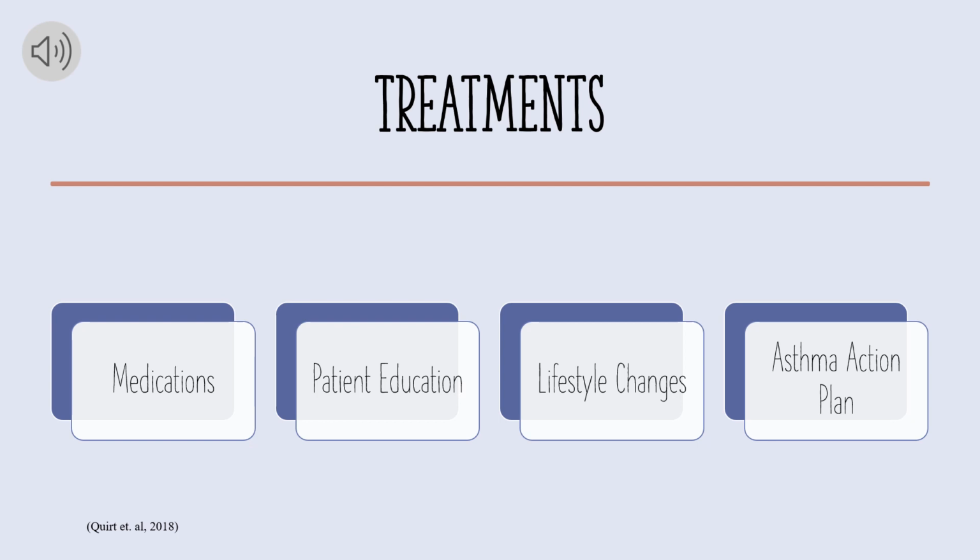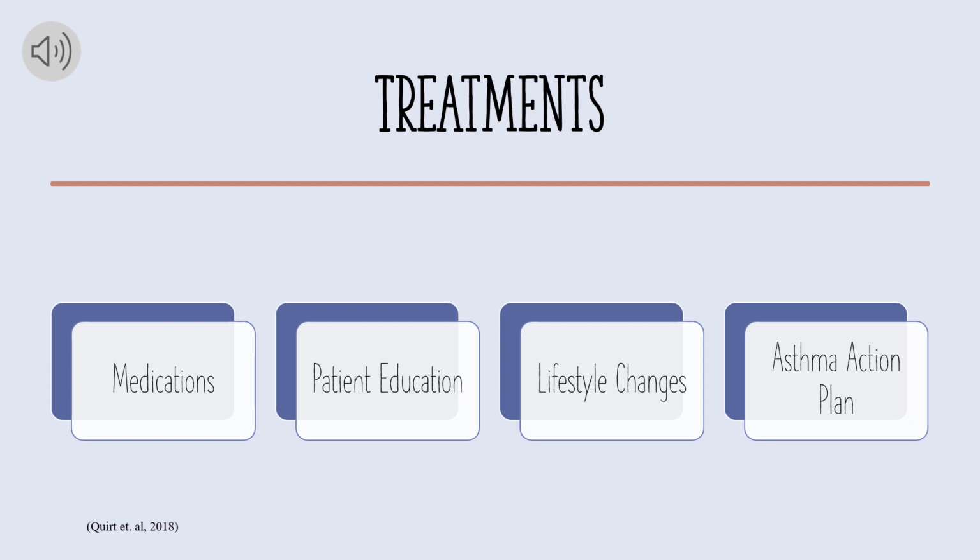Part of lifestyle changes includes preventing mold spores, using your air conditioner, reducing pet dander, cleaning regularly, decontaminating your decor, covering your mouth and nose if cold air is present outside, avoiding triggers such as smoke or other pollutants, and controlling your heartburn or GERD if this is contributing to your symptoms.